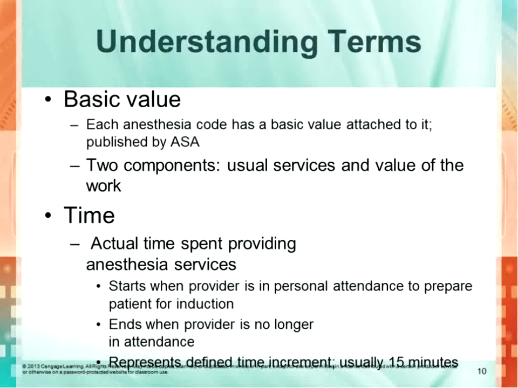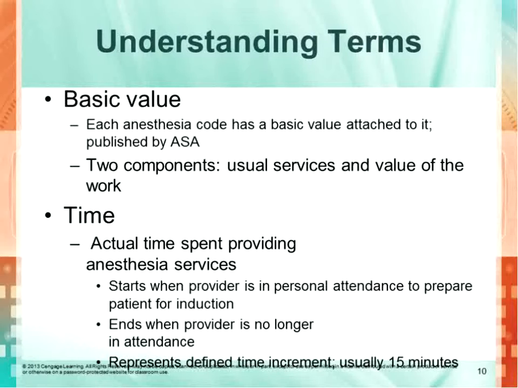The second element they're looking at is your value of work, basically what it costs for them to do that anesthesia service. So those are your two components. Again, the value is published through the American Society of Anesthesiologists, ASA, so you are not having to come up with it. Once you know your code, you look up that code in the table, and it's going to give you your basic value unit.